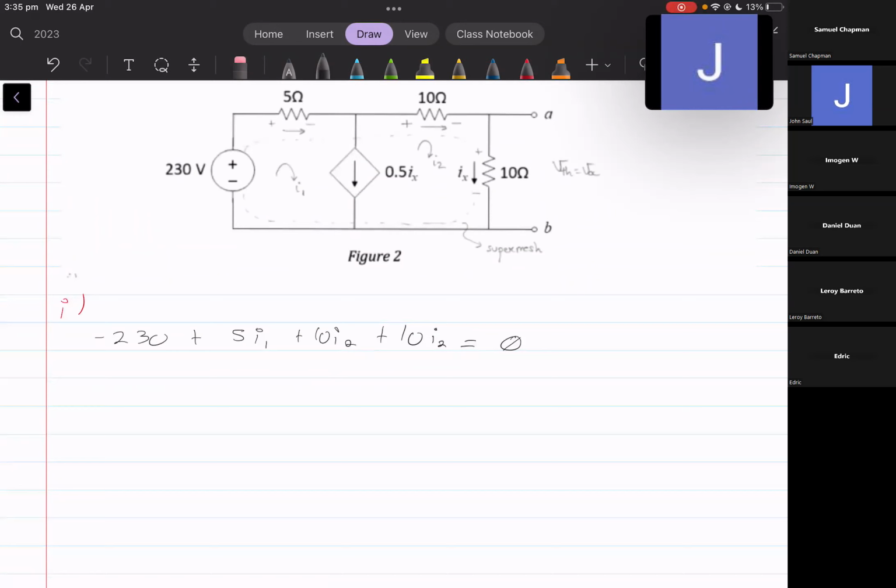And then from the supermesh equation, we have that dependent current source. So that is I1 minus I2 is equal to 0.5 Ix. And what should Ix here be?